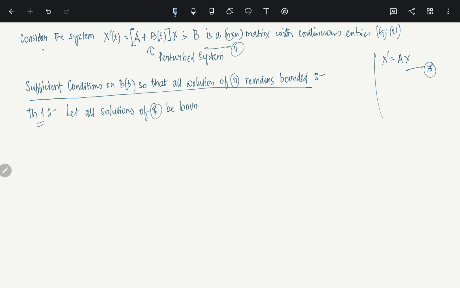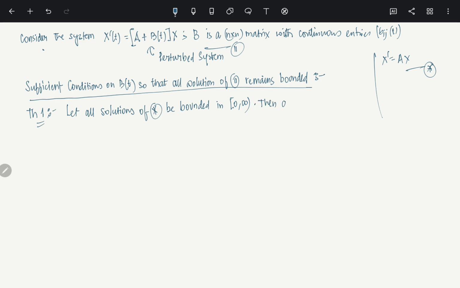So this is our assumption; we don't know whether it holds. Let's assume the solutions of star are bounded in open interval 0 to infinity. We are not looking at negative t, only positive t, because our goal is to find out what happens as t tends to infinity. You can do the exact same analysis as t tends to minus infinity, just looking at minus infinity to 0.